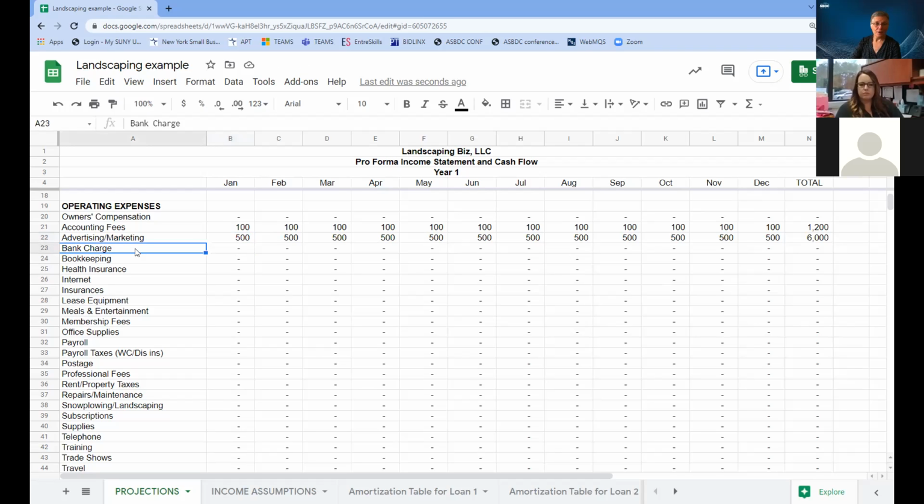If you pay more than $5 or $10 a month in bank charges, really think about it, again, that may be because of cash flow issues where you have insufficient funds or you tap into a line of credit and whatnot. So this is a line item you want to keep an eye on, and this is not to be confused with your merchant account. That's a different category. So just keep an eye on that.